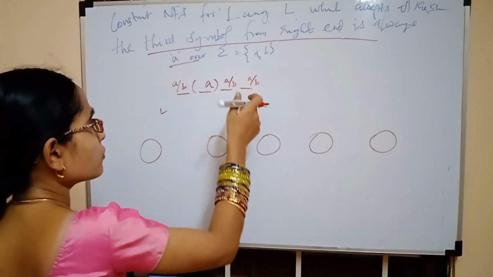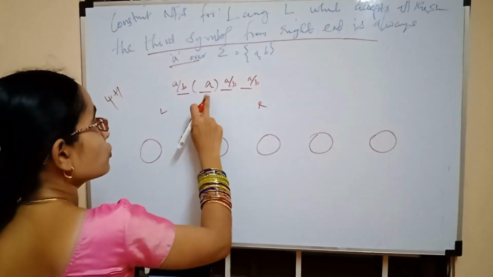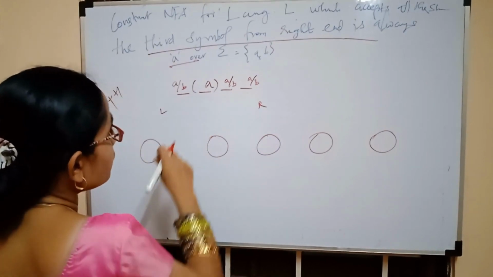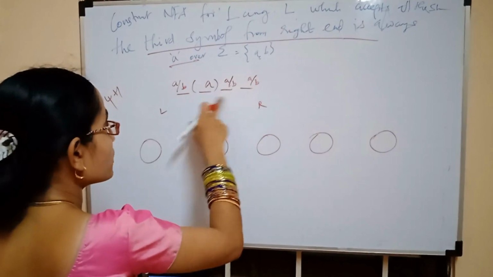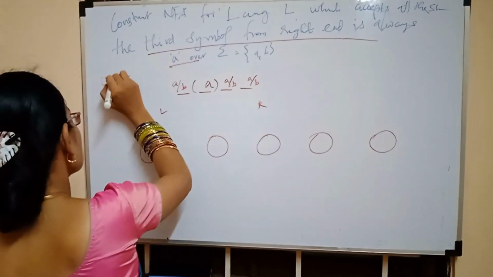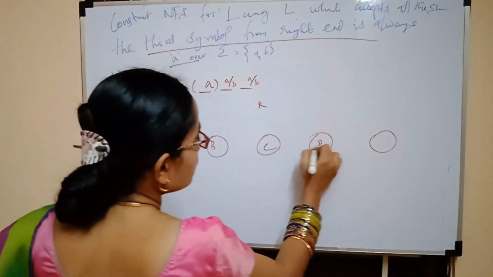The length of the string is 4, which means you will have 4 plus 1, so 5 states. Four places you can have a combination. The number of states is 5 here. Just name them A, B, C, D, E.